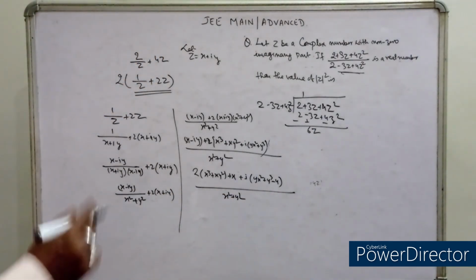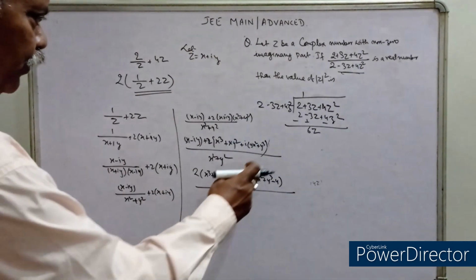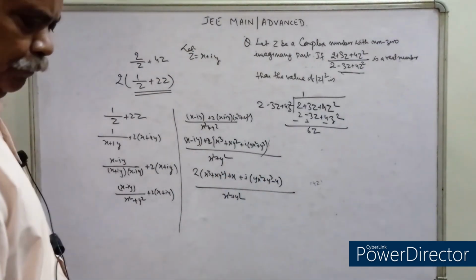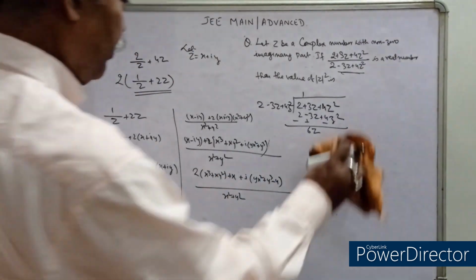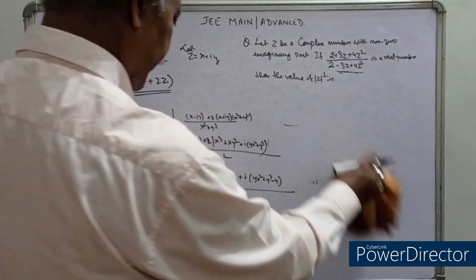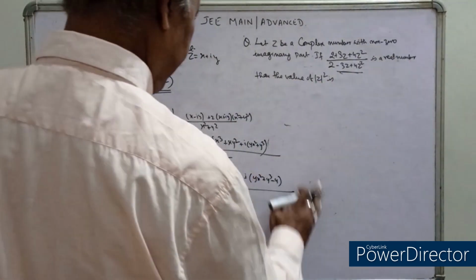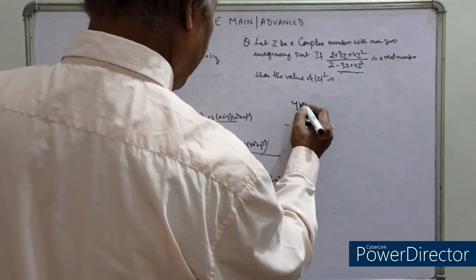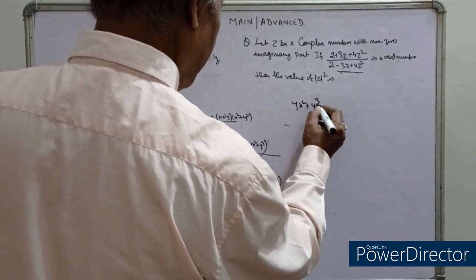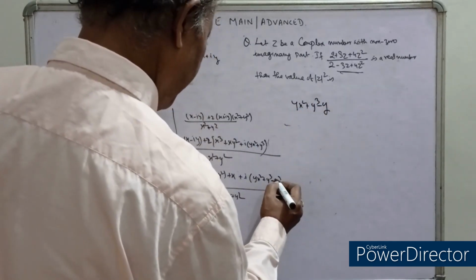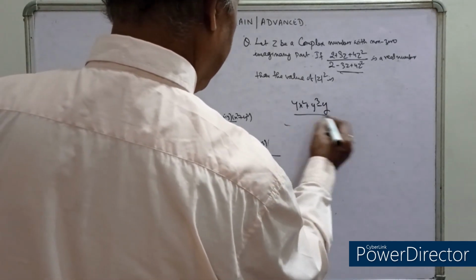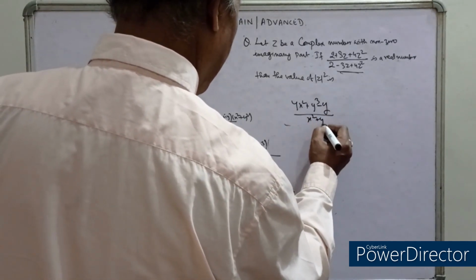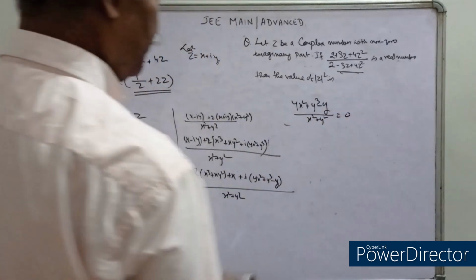Because it is a real number, your imaginary part will be 0. So here your imaginary part is yx square plus y cube minus y, by x square plus y square, is equal to 0.